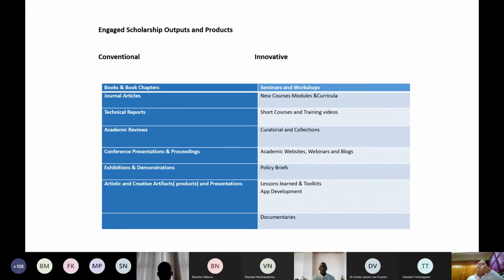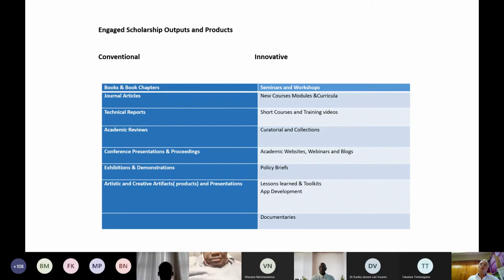For example, flowing from this will be academic innovative outputs, like workshops, new courses, new modules, new curricula, short courses and training videos, curatorial work and collections that are developed, academic websites and blogs, policy briefs, lessons learned toolkits.